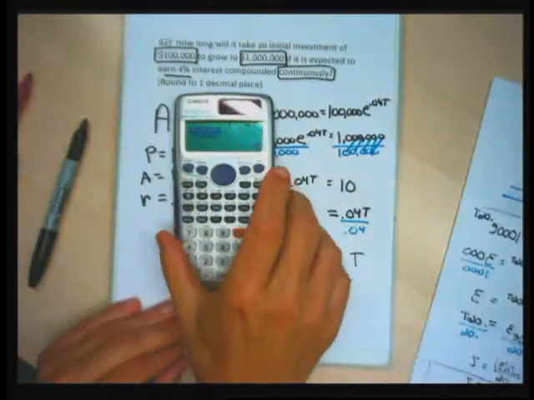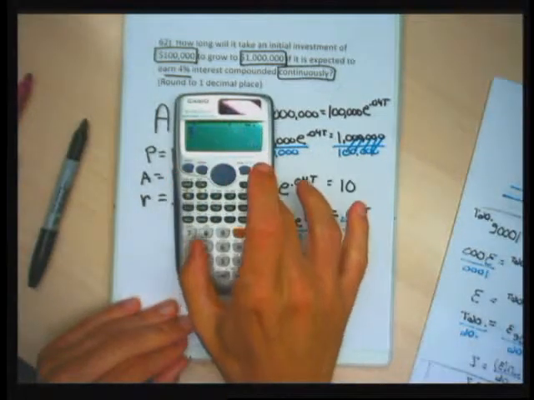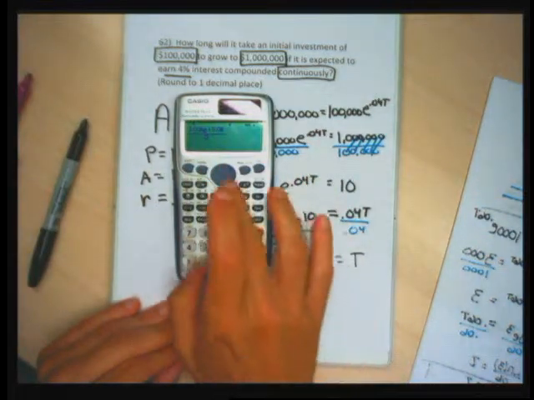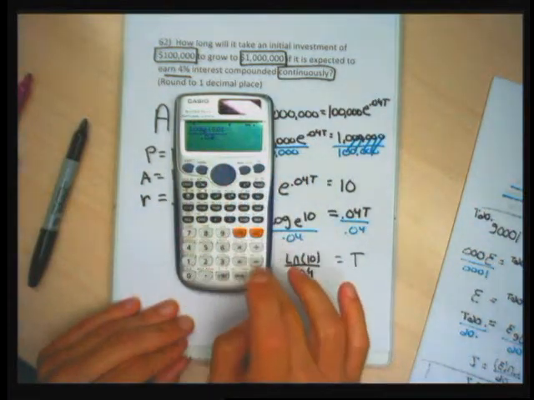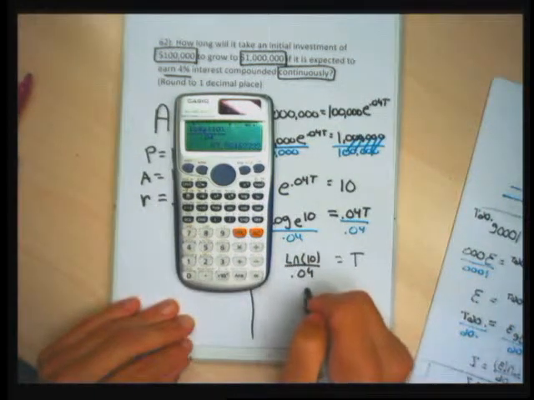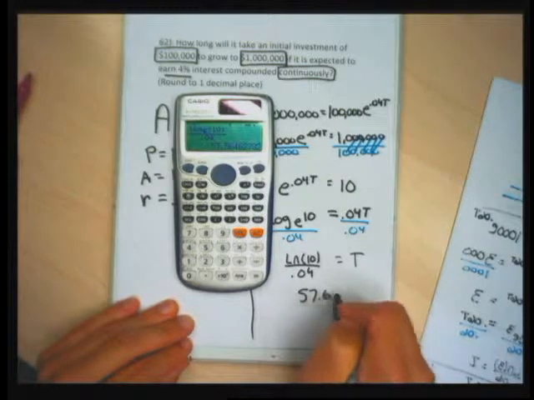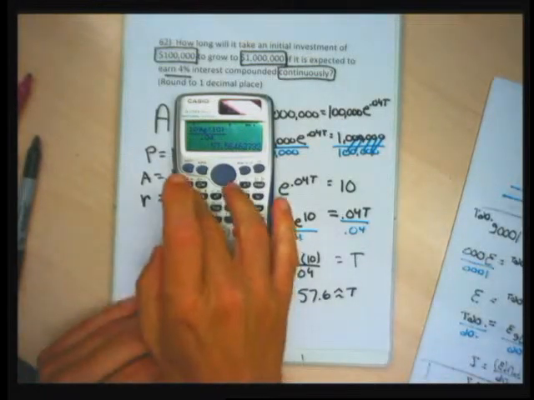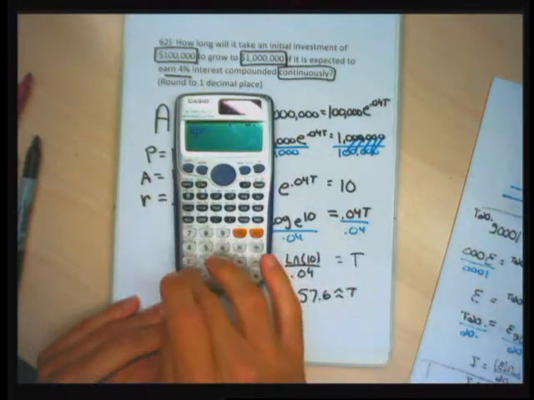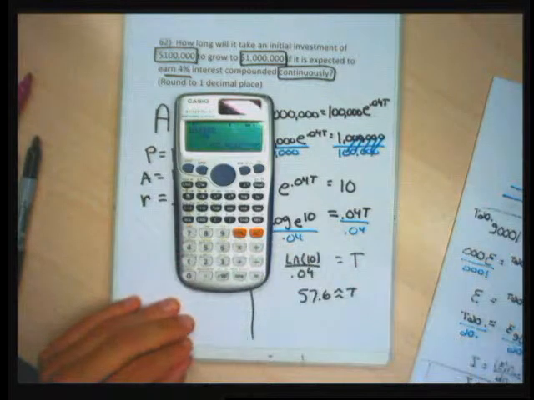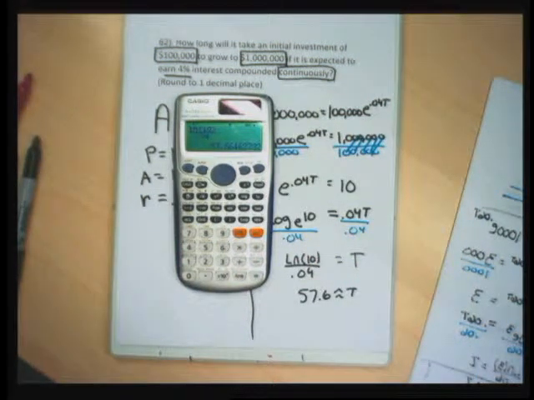So if I wanted to, I could go fraction log base e of 10 over 0.04. Again, it says round to 1 decimal, which makes my checking not so good. So I get 57.6 is t. And again, if I just did fraction ln of 10 over 0.04, I still get the same 57.6 rounding to 1 decimal.